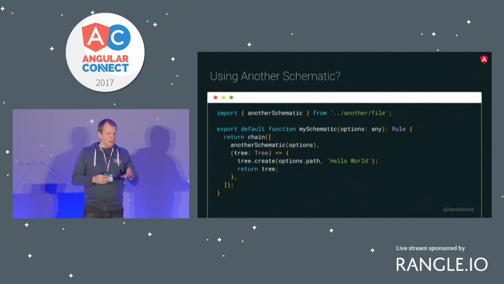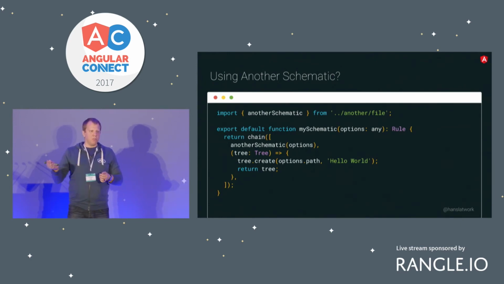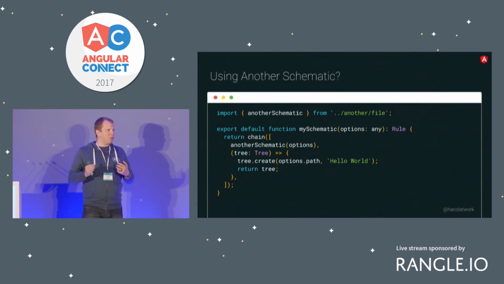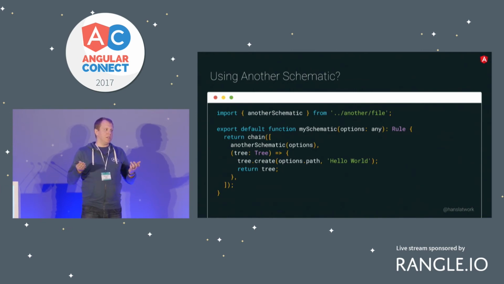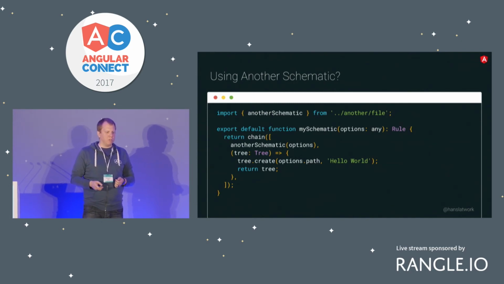So if the path already exists, or if the path was created by another schematic, then this is going to be an error. In a system like Yeoman, for example, you might end up with another schematic being run, the files being committed onto disk, and then you try to create a new file at options.path, that file exists, it breaks, but the other one just ran, so your file system actually is in an inconsistent state, and you have to git revert or maybe try to find out what happened.